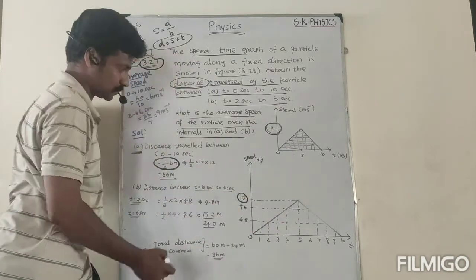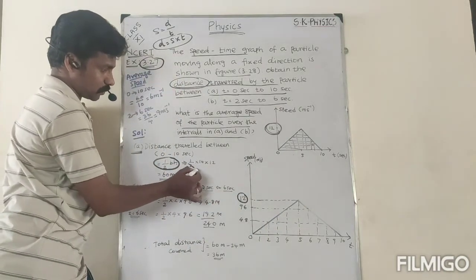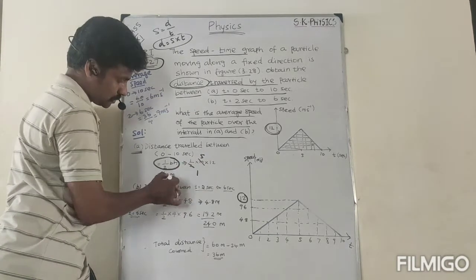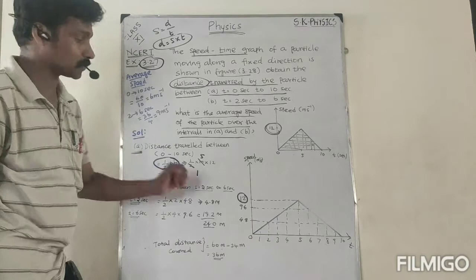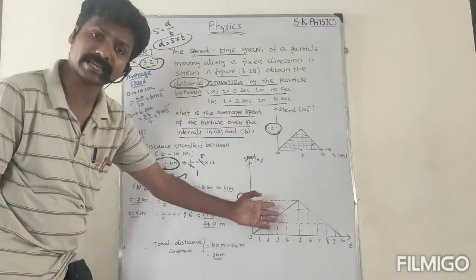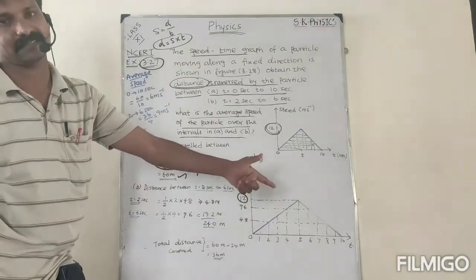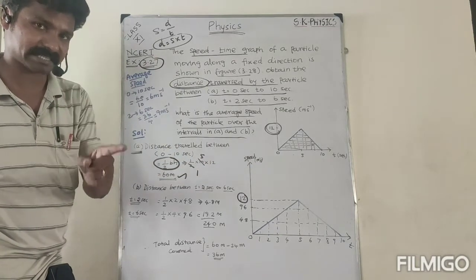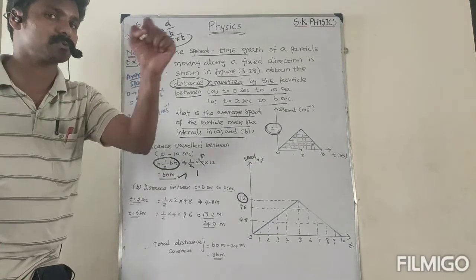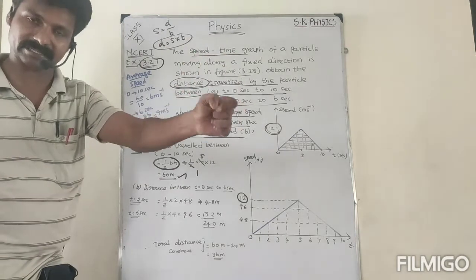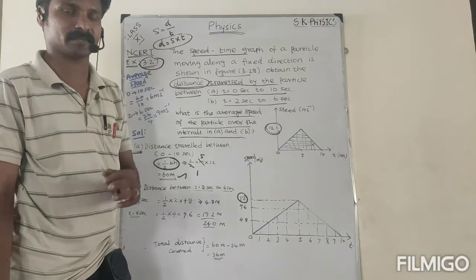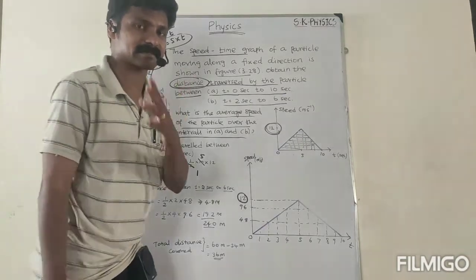So 1 by 2 into 10 into 12: half of 10 is 5, and 5 into 12 is 60 meters. So the area of the graph is 60. That is the distance covered by the particle in 10 seconds, 60 meters. That is the meaning. Do you understand? Yes.